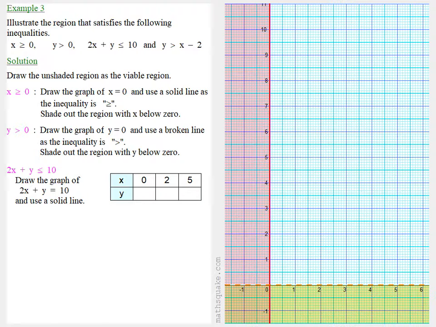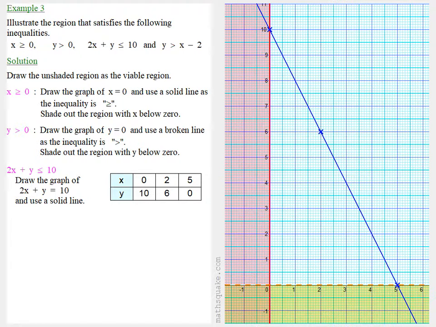Now if x is 0, y equals 10. If x equals 2, we have 4 plus y equals 10, so y equals 6. And if x is 5, we have 10 plus y equals 10, so y is 0. Plot those points and draw a straight line passing through them.